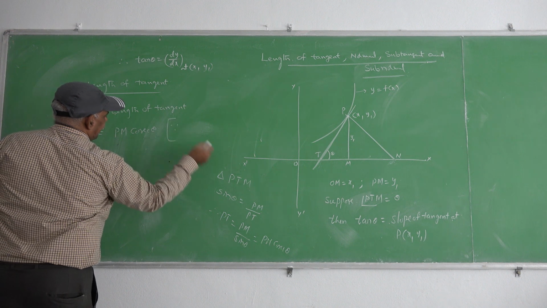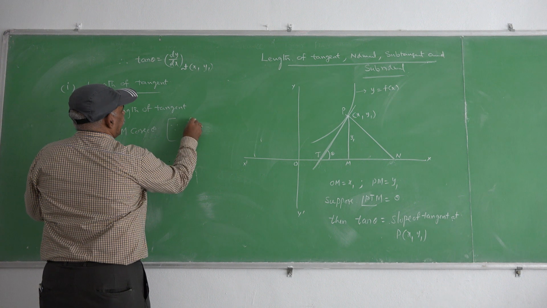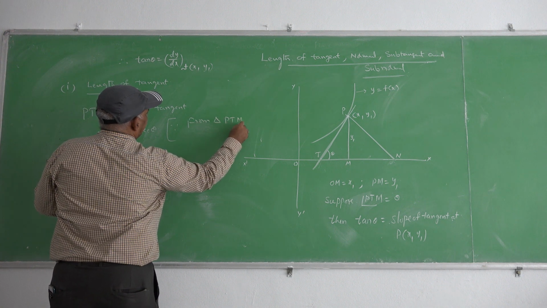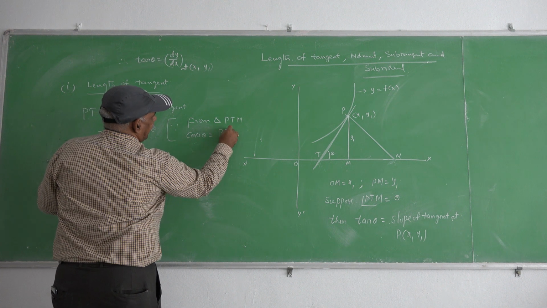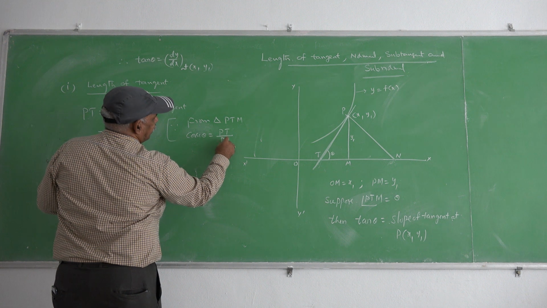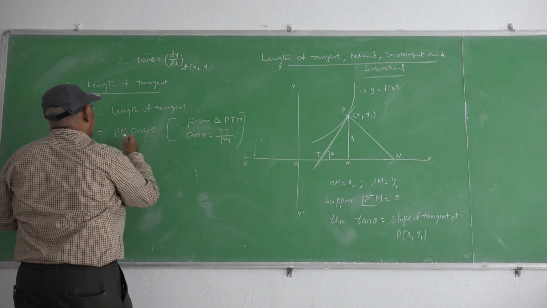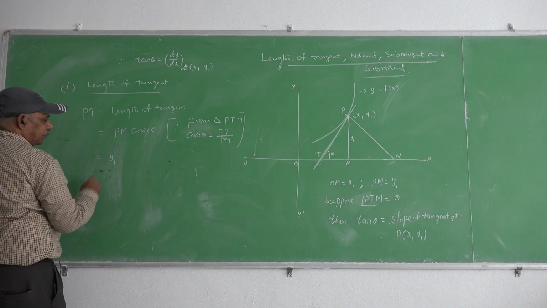From triangle PTM, cosec theta equals PT by PM, where PT equals PM cosec theta. But PM is y1.